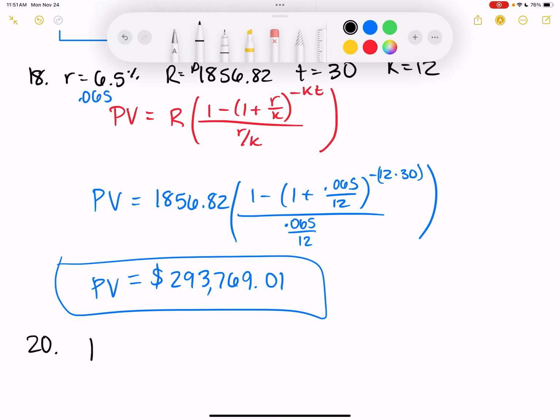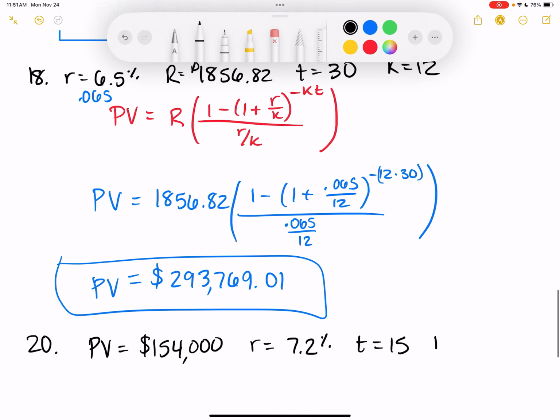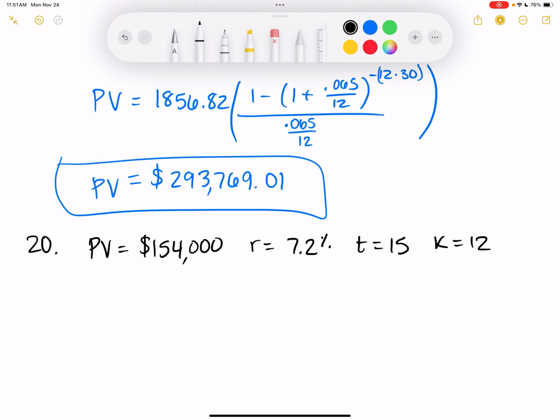So, PV is $154,000. Little r is 7.2%. T is 15. They didn't give me K, but in the instructions it says 12 times per year, so K equals 12. So this one is different because we're going to have to solve our formula for R.